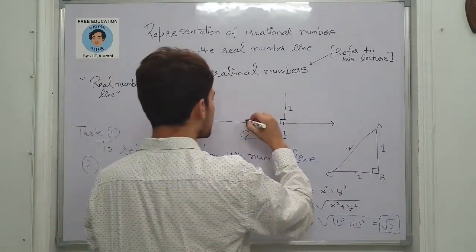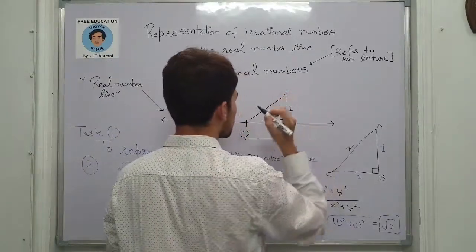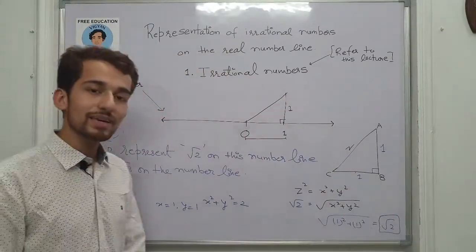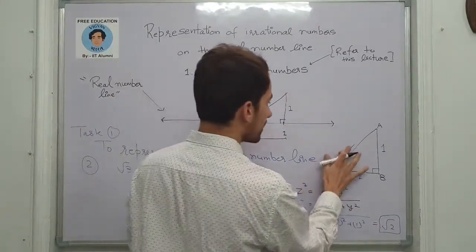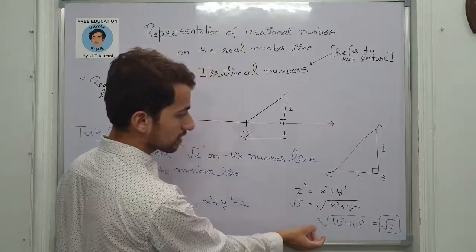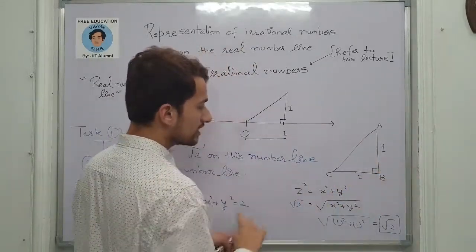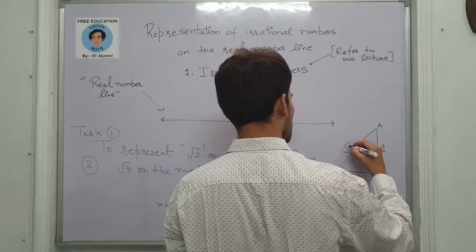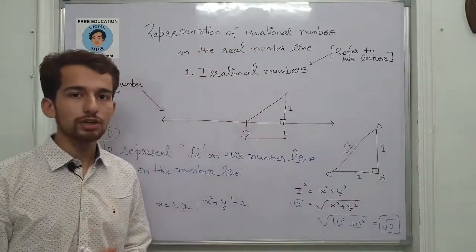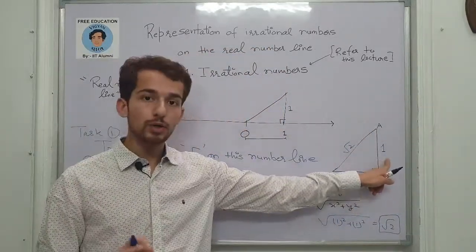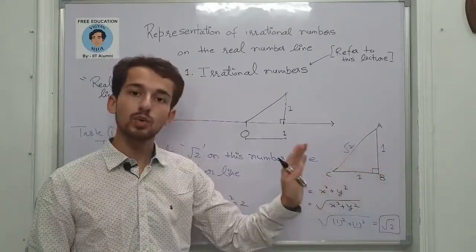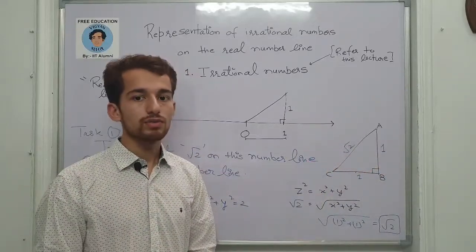If I join these, it becomes a right angle triangle, and the value of the hypotenuse from this equation is of course root 2. You can pause the video and try to solve it yourself: base and perpendicular equal to 1, then the hypotenuse will be root 2.